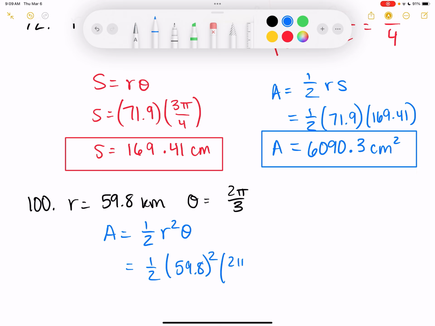And then just type that in. So 59.8 squared. I'm going to go ahead and divide that by 2. And then multiply by the 2 pi over 3. And when I do that, I get 3,744.8 kilometers squared.